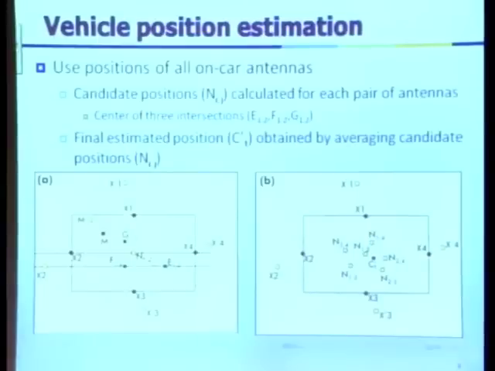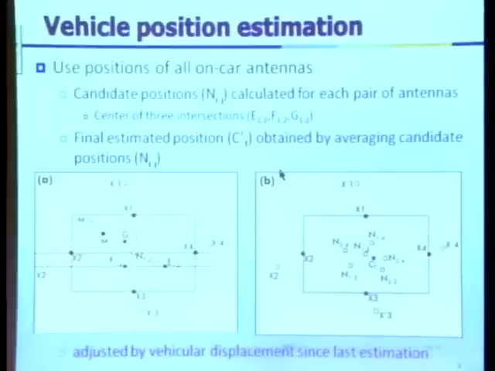After taking these candidate positions for each pair of RFIDs, the vehicle position is estimated from these candidate positions. This estimated position is also adjusted by the vehicle displacement since the last estimation. Details are written in the proceedings, so you can check them if you're interested.